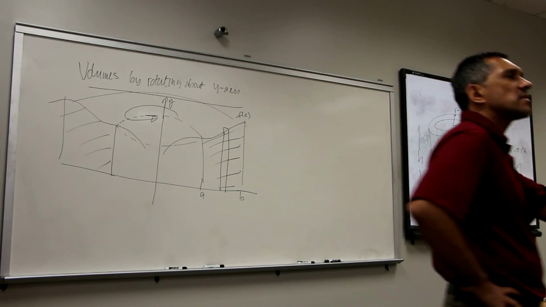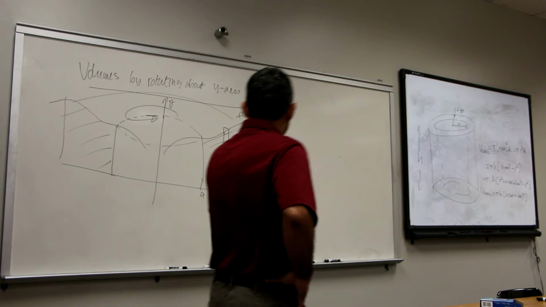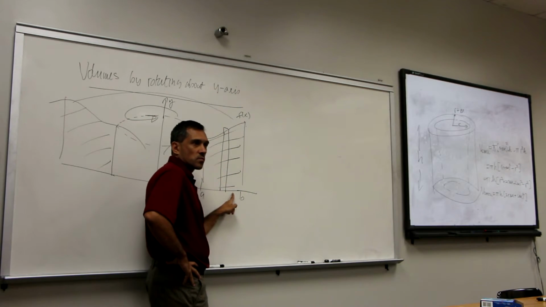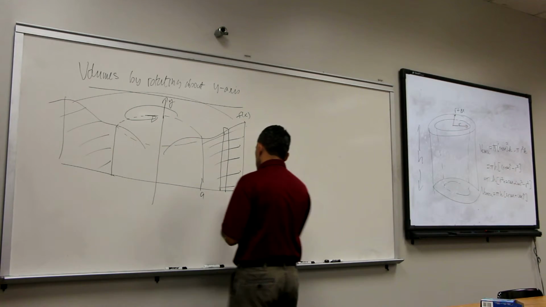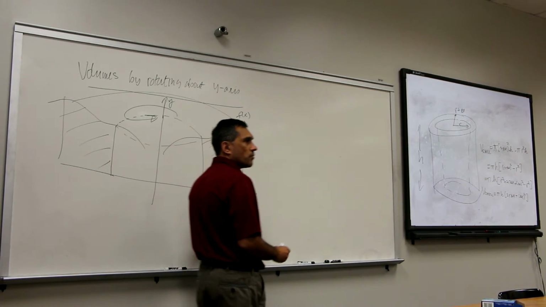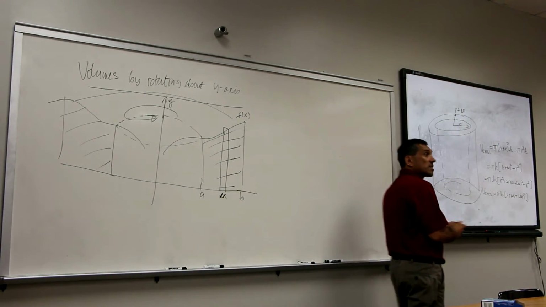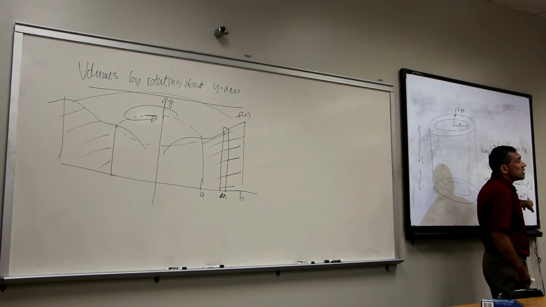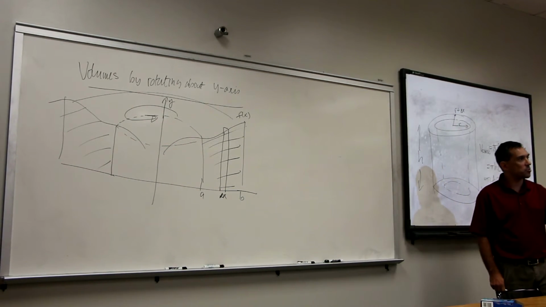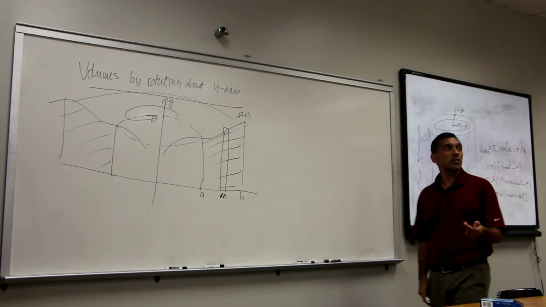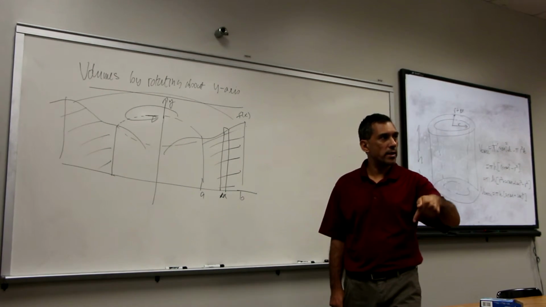Now, delta x is something that's kind of small. Which is to say, if delta x is 0.1, delta x squared would be 0.01. If delta x was 0.01, delta x squared would be 0.0001.